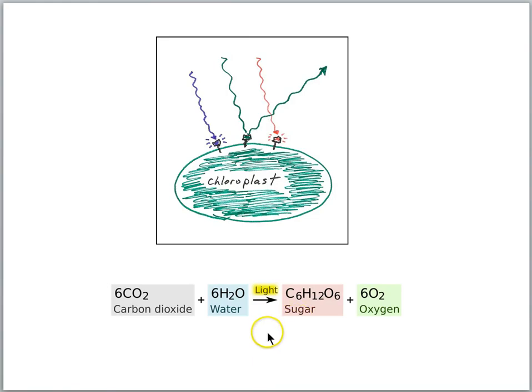Okay, let's summarize then the role of light in photosynthesis. We know that for plants to make sugar, they're going to have to break the chemical bonds of the starting materials, the carbon dioxide and water molecules, rearrange the atoms, and make new chemical bonds to form glucose with some oxygen as waste. Well, that chemistry requires energy, and plants are getting that energy from the sunlight.